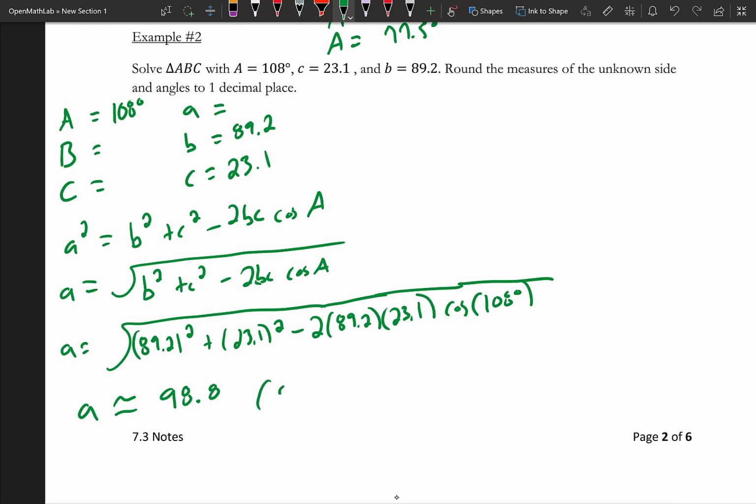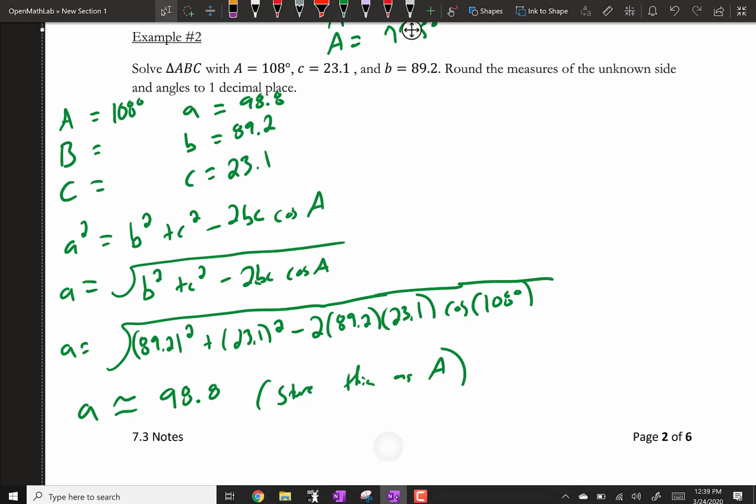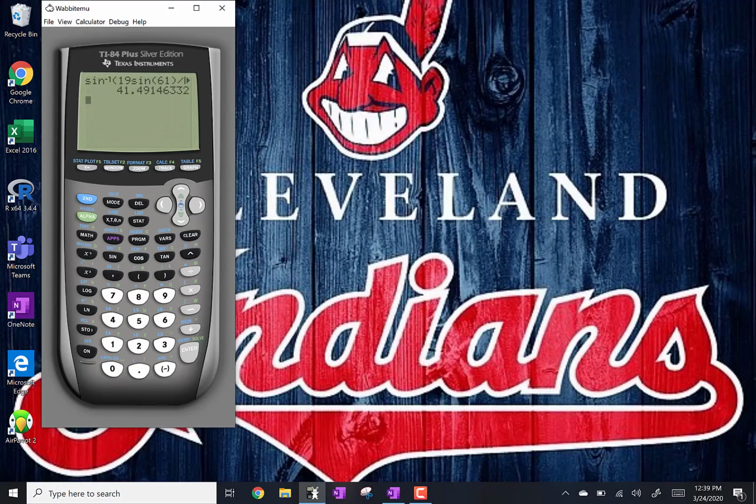And again, I'm going to store this as A in my calculator. Let me just do that really quick.